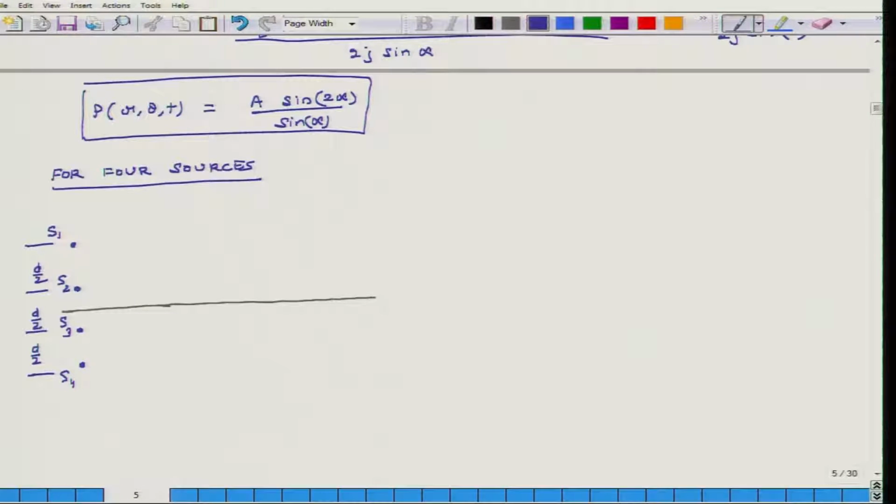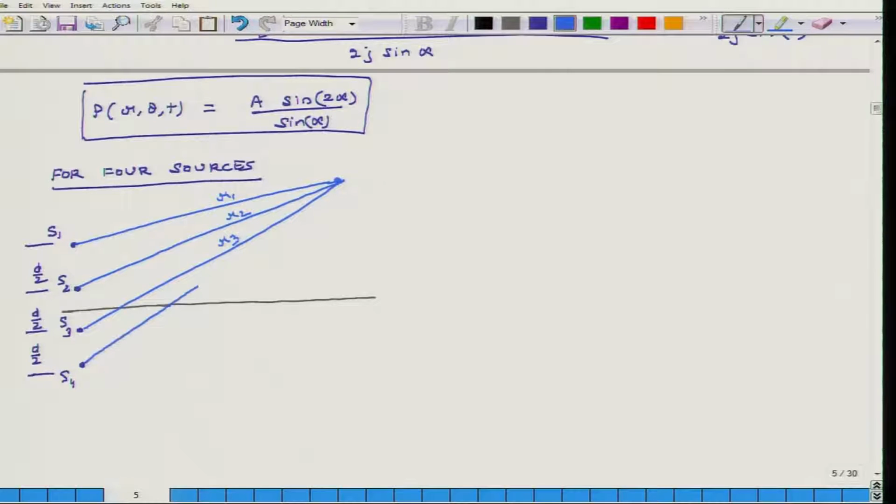Okay. And I am interested in finding the pressure at a far field point. So, from S1 the distance is R1, from S2 the distance is R2, from S3 the distance is R3, and from S4 the distance is R4. Okay.